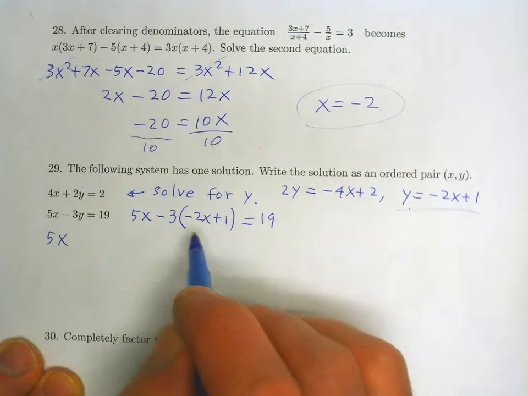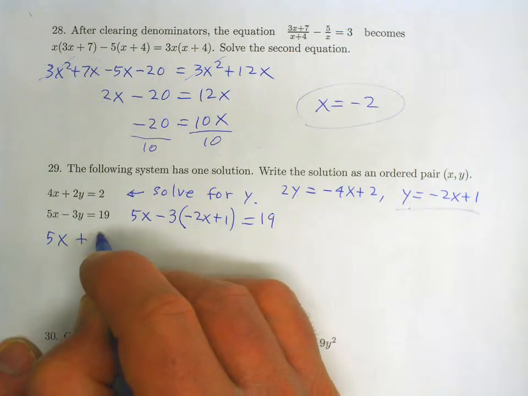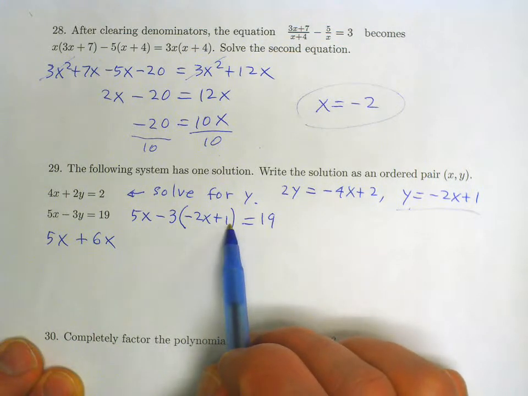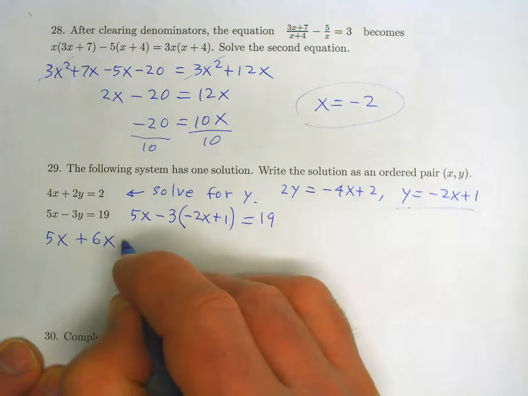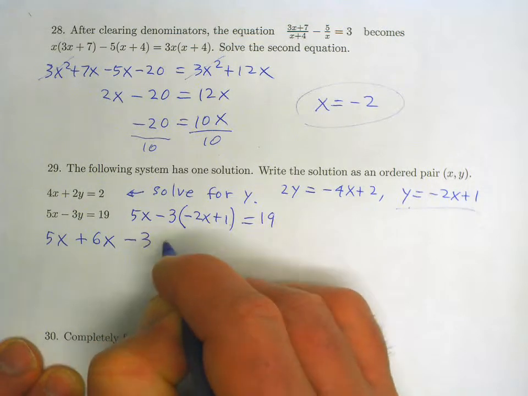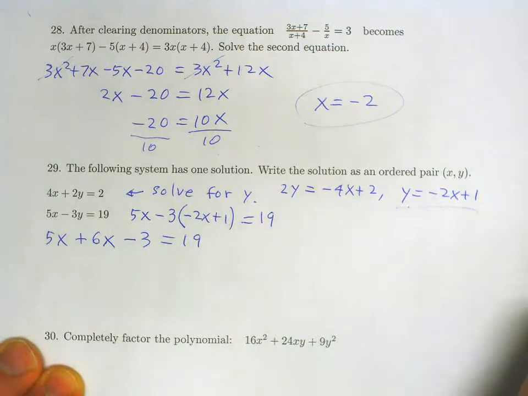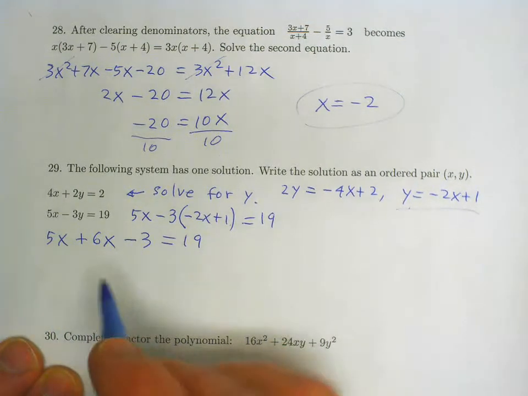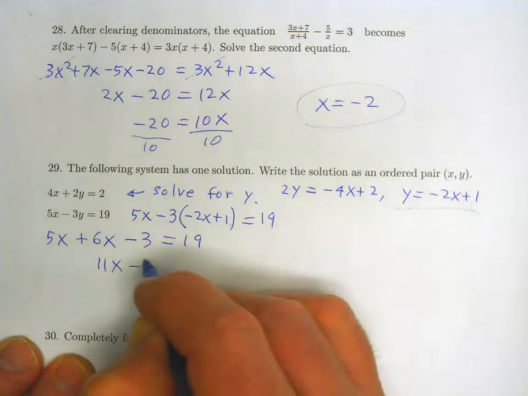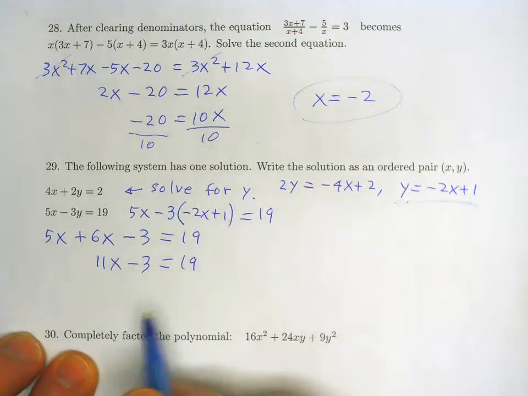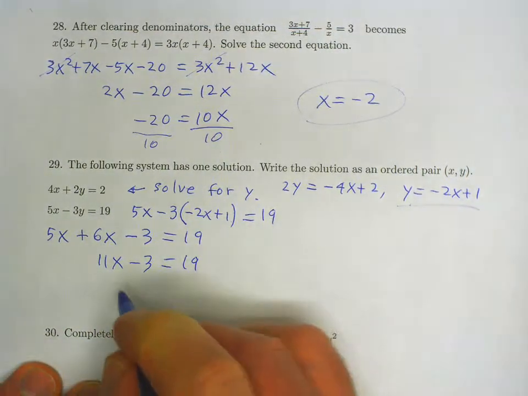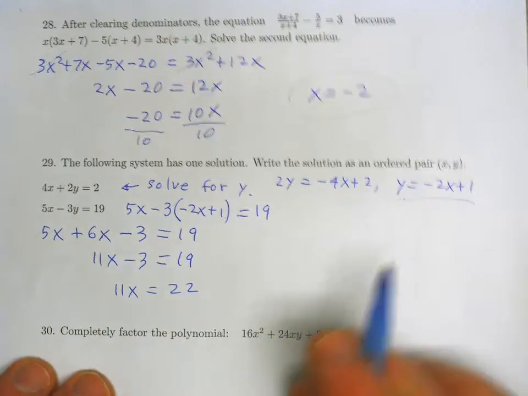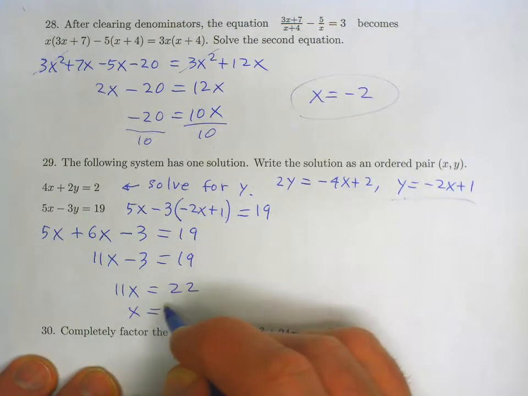So that is equivalent to adding 6x. And then negative 3 times positive 1 is negative 3. So that is written as minus 3 equals 19. Combine like terms, 5x plus 6x is 11x minus 3 equals 19. Add 3 to both sides, 11x equals 22. And then divide both sides by 11, x equals positive 2.